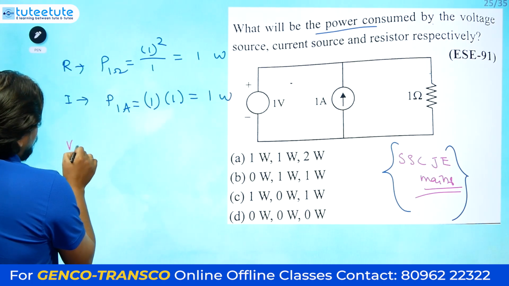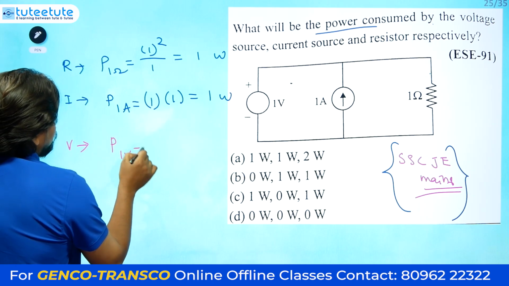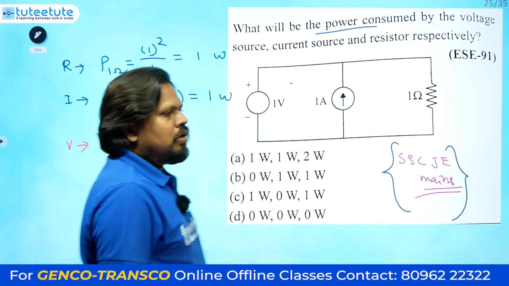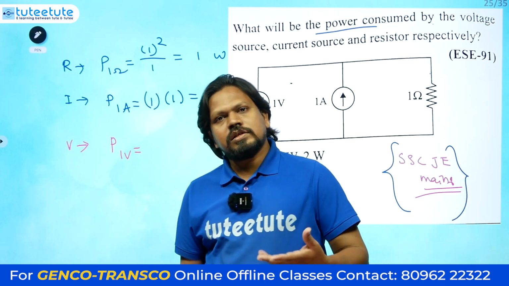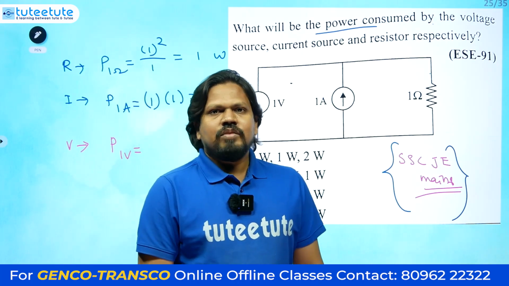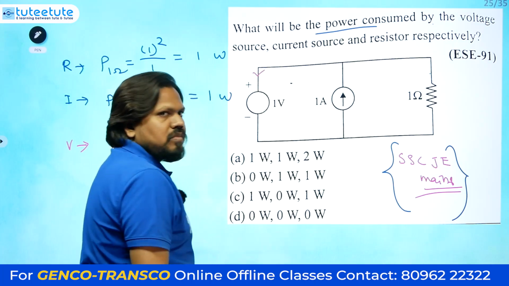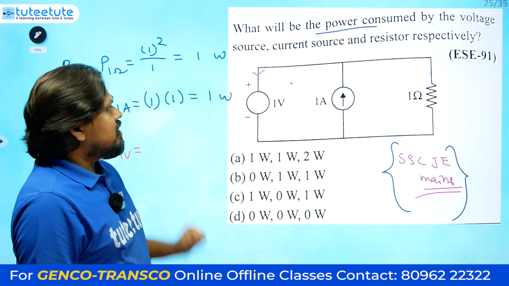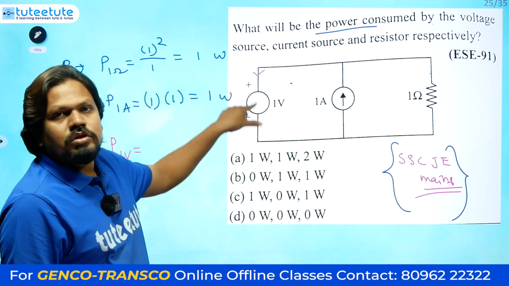For the power in the 1 volt voltage source, we can use V square by R, V into I, or I square into R, anything. But if you can find the current in this branch, then you can easily get the power as current into the voltage value.